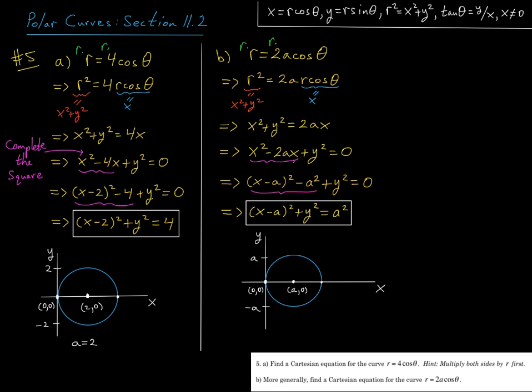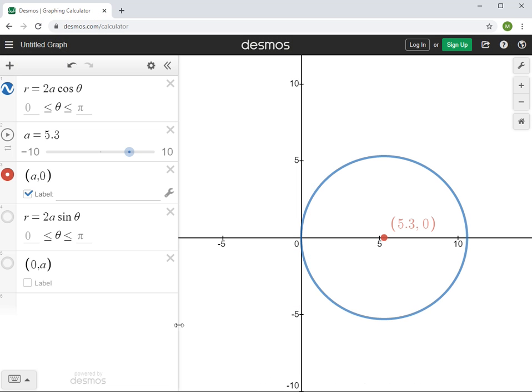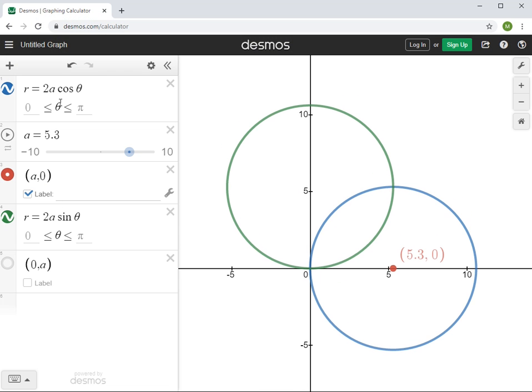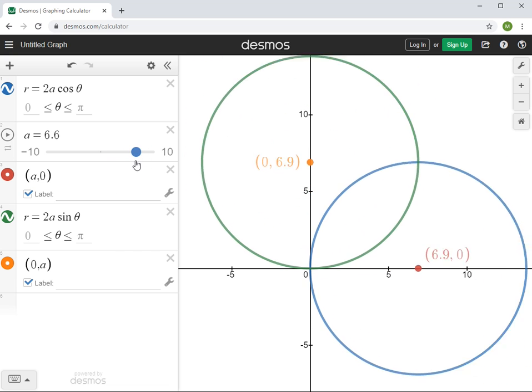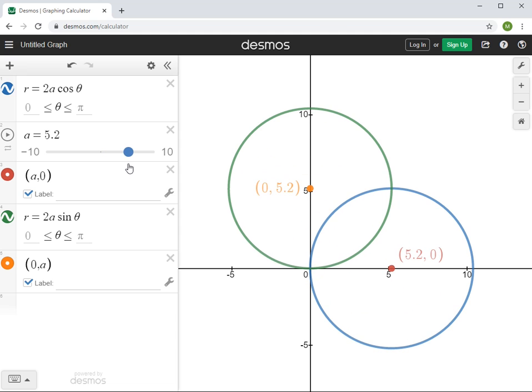Then we could subtract and complete the square. The bottom line is we're going to get a circle equation. Now I'll go ahead and plot that circle if you replace the cosine with the sine. Okay, and as we see here, this circle in green is just the circle in blue rotated by 90 degrees. And here if I change the value of a, I get all of these circles here.